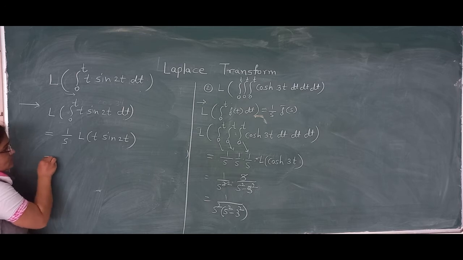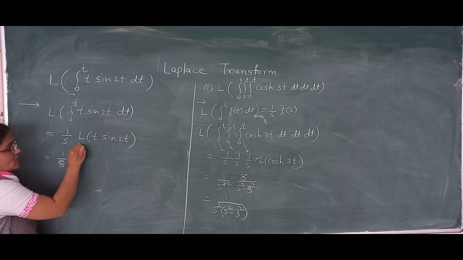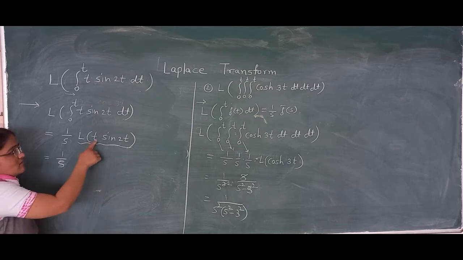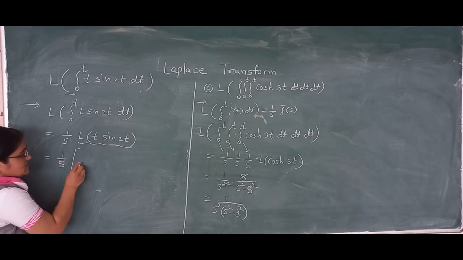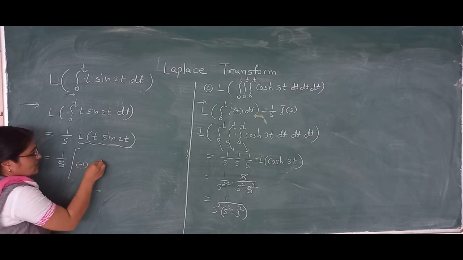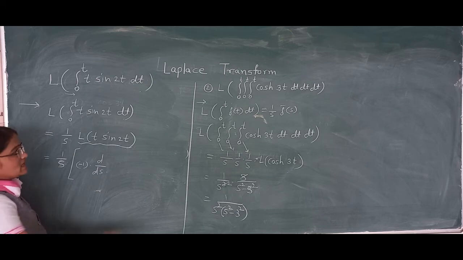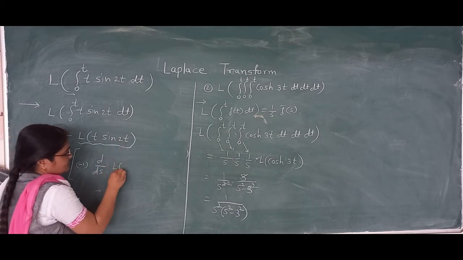So it is 1 by s as it is. Now we have to take the Laplace of this. Now here multiply by t property. Multiply by t property says that it is minus d/ds of Laplace of sine 2t.